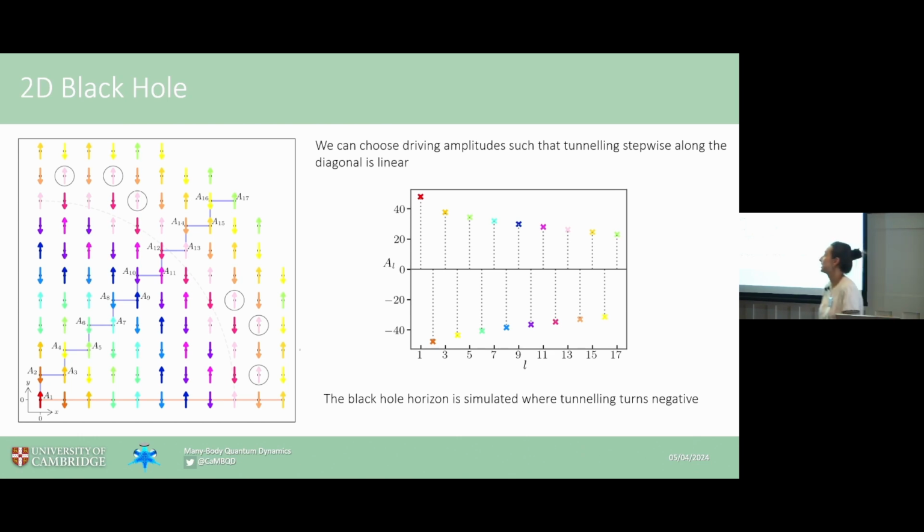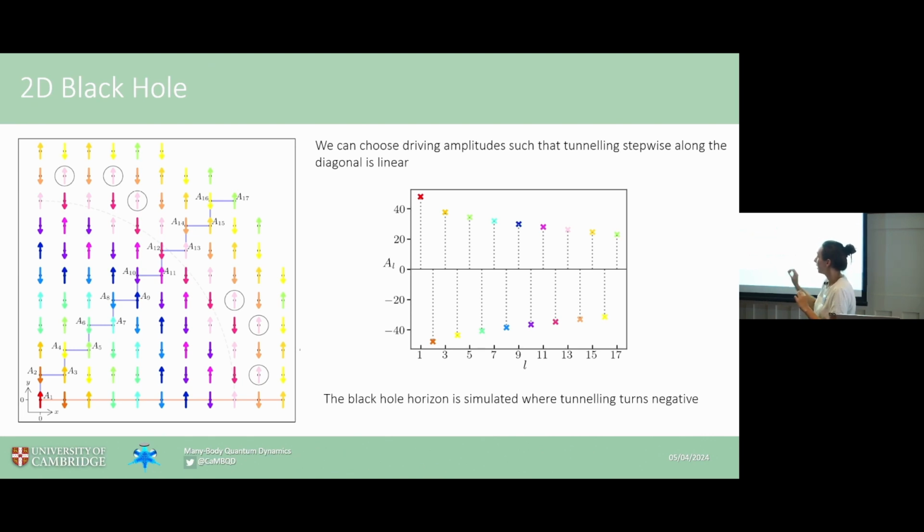We can also extend this to a 2D setting and create a 2D black hole by first engineering tunnelings such that any radial line out from the center of the black hole towards the event horizon follows the same linear relation.